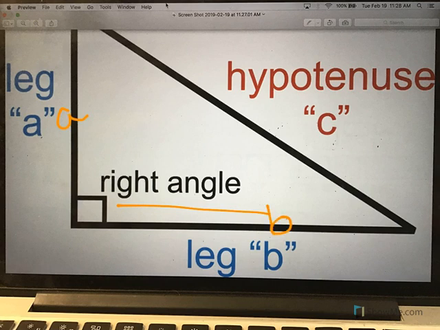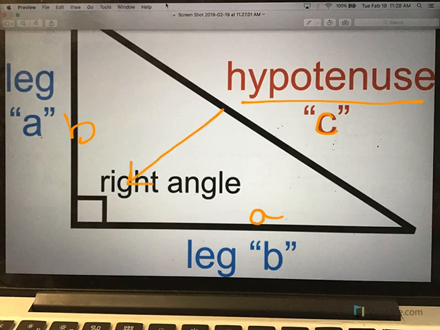It's also kind of like finding the length or the area of a rectangle. It doesn't necessarily matter which one I call my base and my height, just as long as they're attached to the right angle. By that I mean, I could actually label this B and this A. What matters is that your hypotenuse, or your C, is always the side of the triangle that does not touch the right angle.